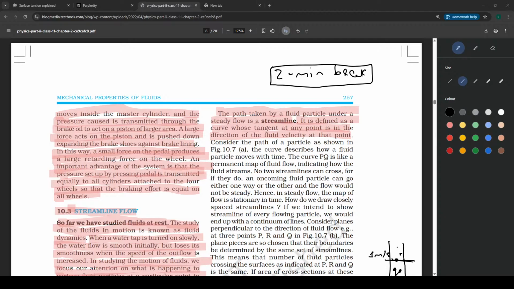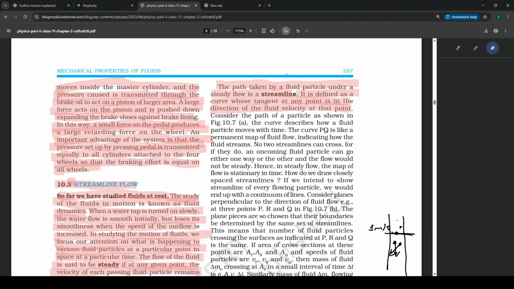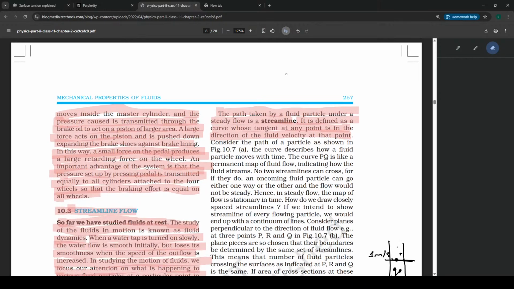Okay, then let's continue. The path taken by a fluid particle under a steady flow is known as a streamline. It is defined as a curve. What is a streamline? It is the path taken by a fluid particle under a steady flow. A steady flow is when a particle is having constant velocity at the same point.